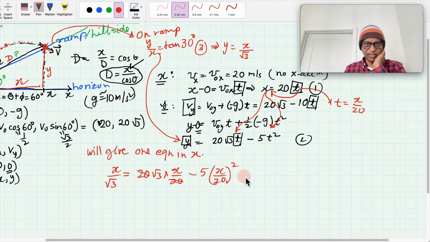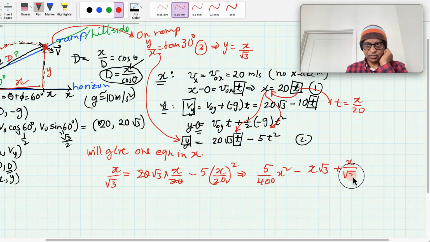So this is all x. So let's see, bring everything on one side. So this is 5 over 400 x squared minus x square root 3 plus x over square root of 3 equal to 0.